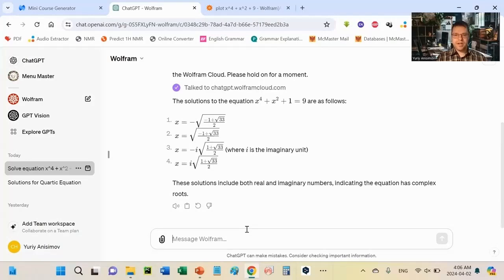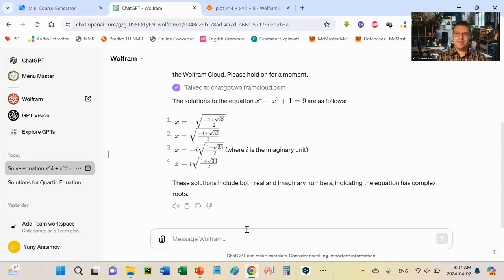The Wolfram Assistant, however, utilizes precise calculation and provides definitive answers to mathematical queries, making it a more robust tool for tackling complex mathematical problems. However, you see that GPT-4 at this moment is so well trained that it yields the same solution as Wolfram Assistant offers to us. And that's amazing, right?